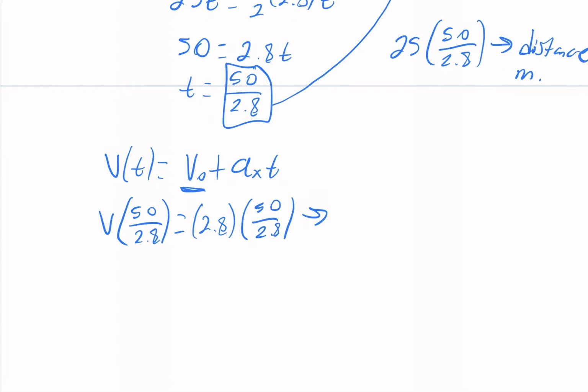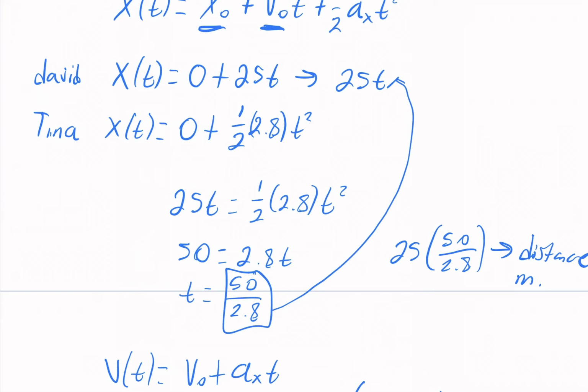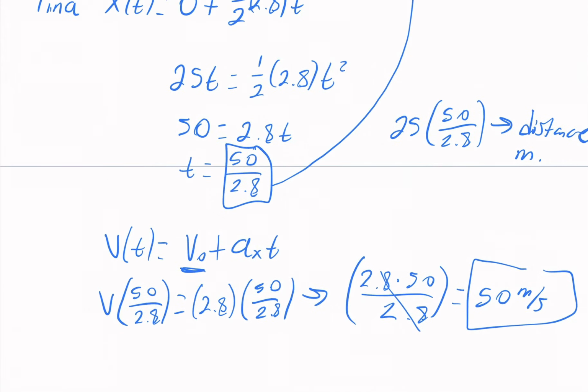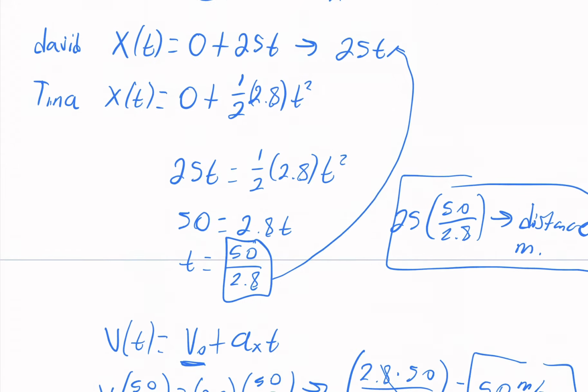So your velocity is going to be 2.8 times 50 divided by 2.8, which is equal to 50 meters per second. That's how fast she is going once she passes David. And those are the two solutions to this question.